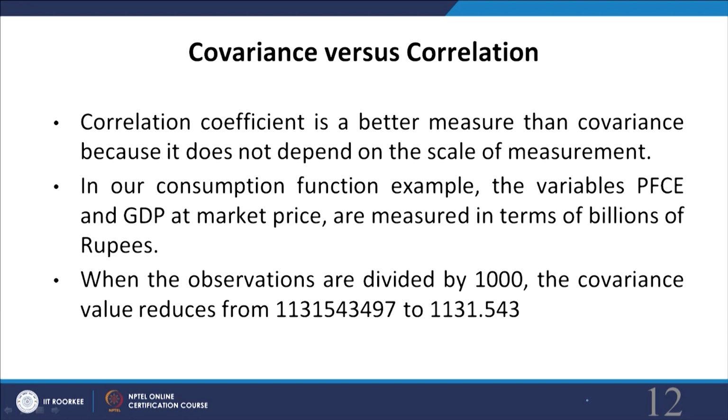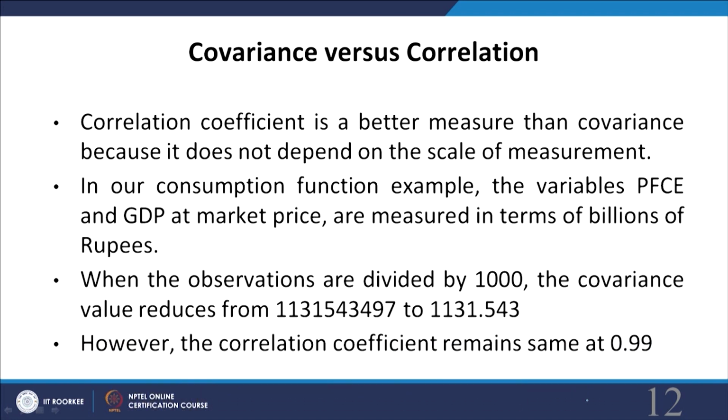When we initially measured in billions of rupees, the covariance was as large as 1131543497. But when we divided the observations by 1000, the covariance value also came down to 1131.543. However, the correlation coefficient remains the same at 0.99. It does not depend on the scale of measurement of the variables.